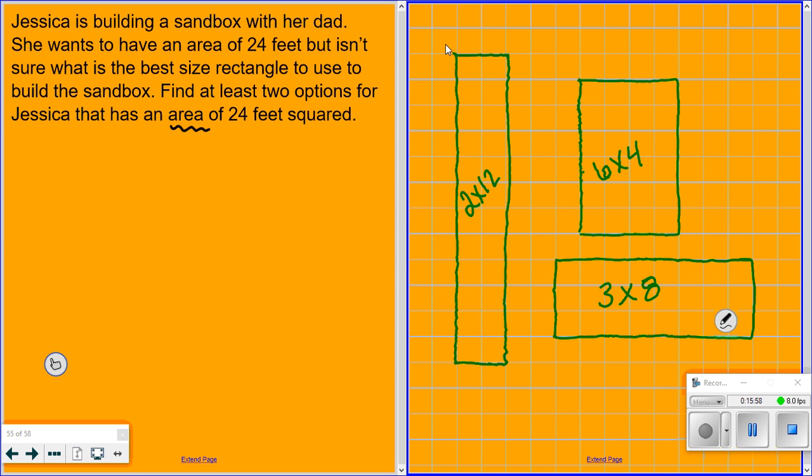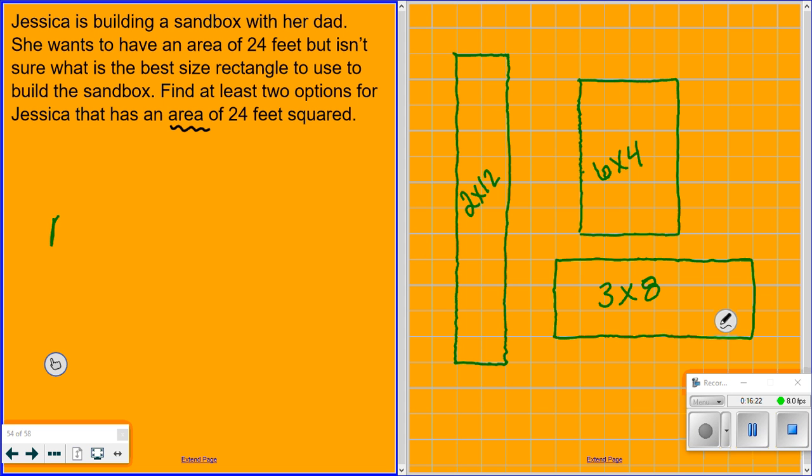Neither is the 2. I want you to pick out 2 options that we made that you believe would be the best options for an area of 24 sandbox and glue them in your notebook. We're only cutting out 2. So in our notebook, we've got area of 24 sandbox. 1, 2, 3.